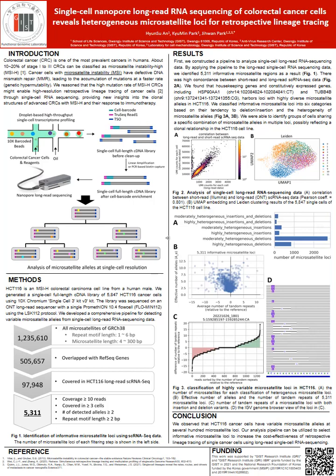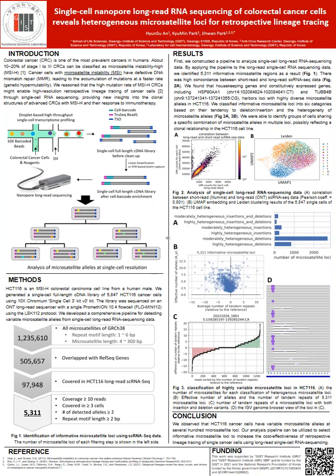Using CRATE, a robust tool for identifying microsatellites in a given genome, we first obtained a list of about 1.2 million microsatellite regions within the GRCh38 genome, among which about 500,000 regions overlapped with RefSeq genes, as shown in Figure 1.